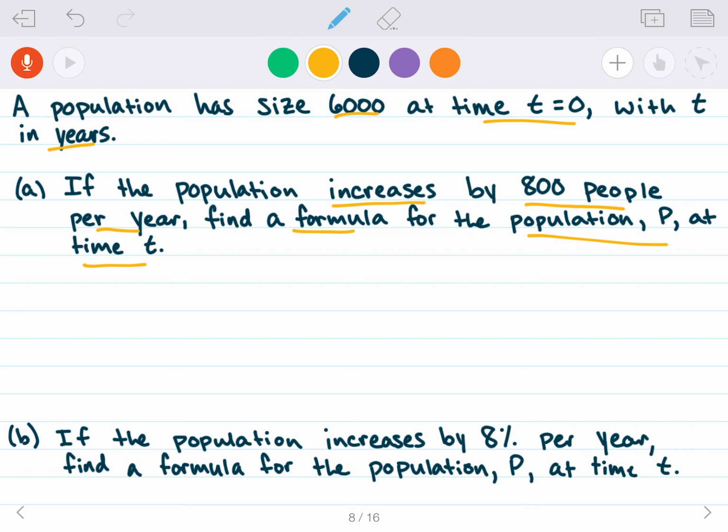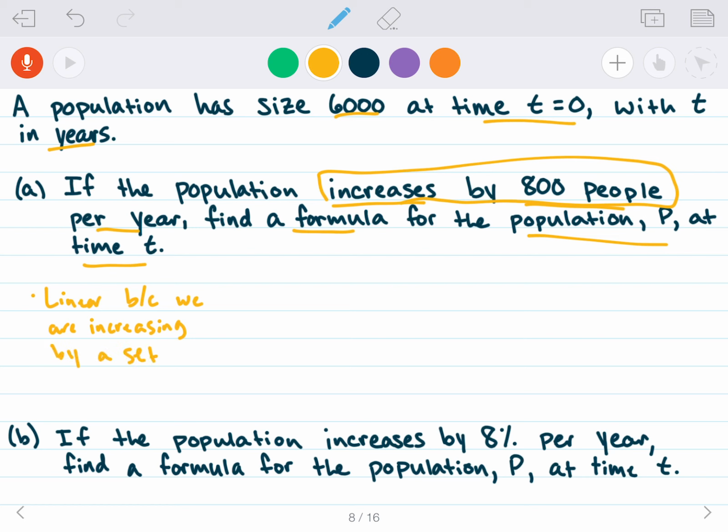Well, it has to be linear because we're increasing by a constant amount. So let's write that down. Linear because we are increasing by a set amount per year. Okay, so that's how we know it's linear.